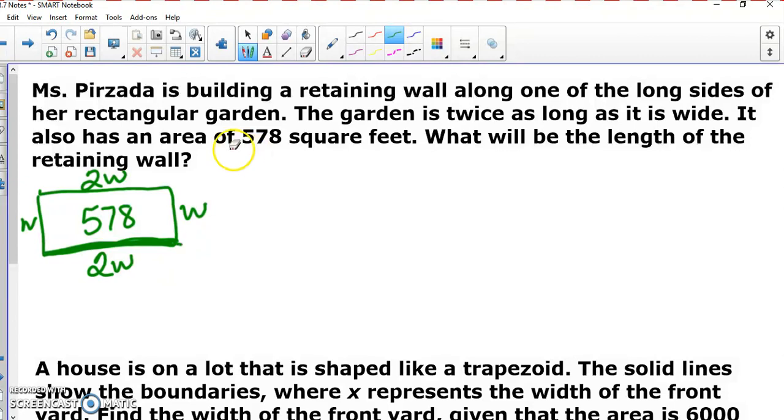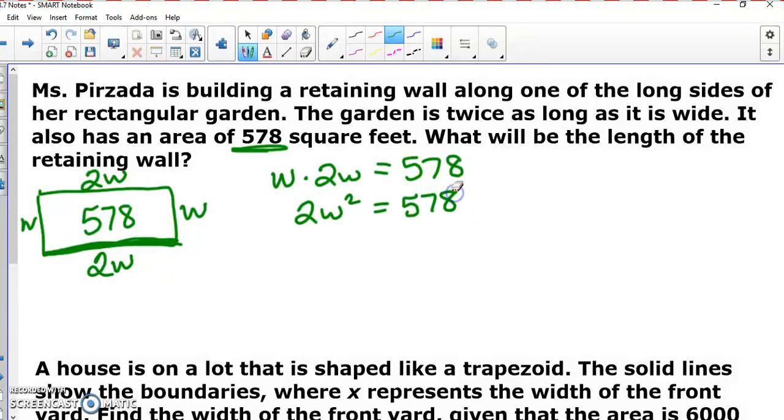Okay, and we know what the area is. So we know that if we take W times 2W, length times width, that's going to give us our 578. Okay, so if we go ahead and combine these, we'll have 2w squared equals 578.